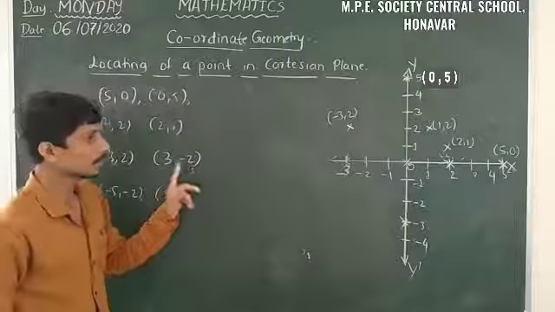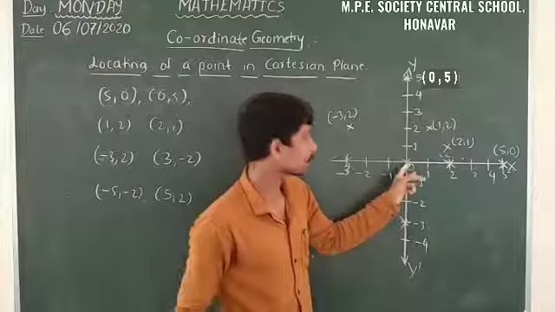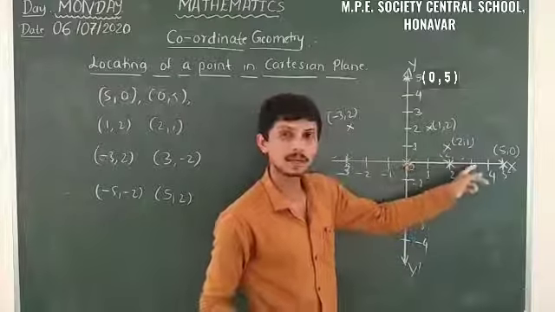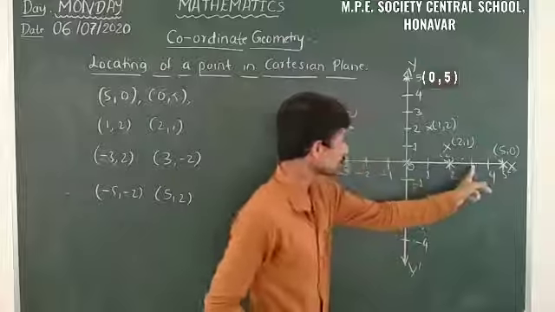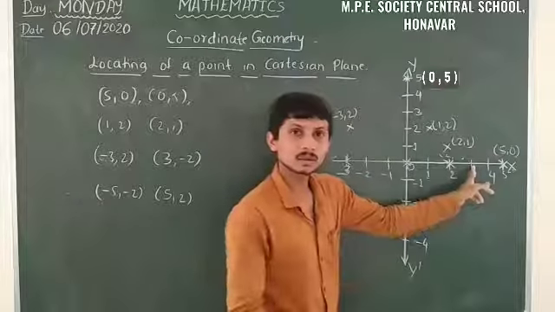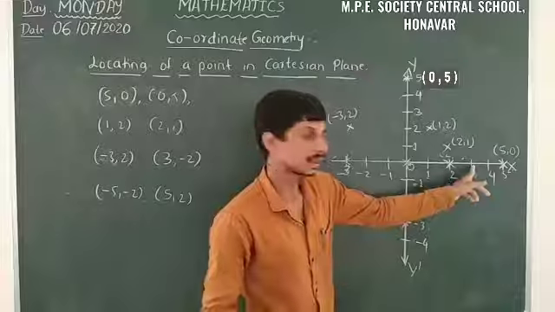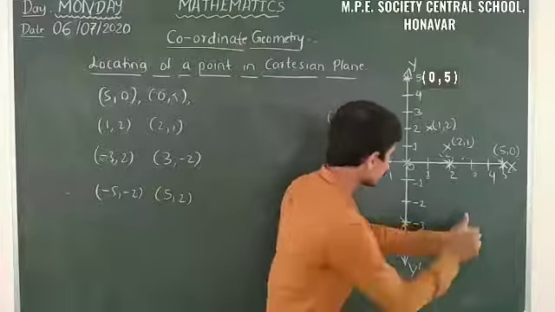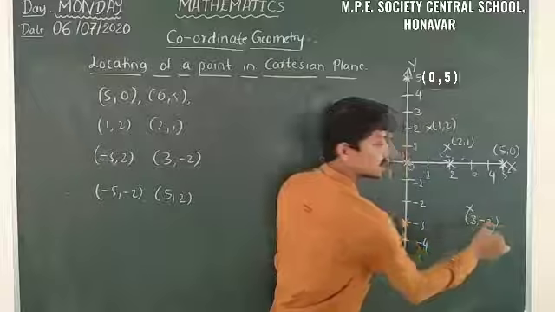Next (3, -2). Firstly I take 3 from the y-axis, and then we go in the negative y direction, that is -2. That is where (3, -2) is.